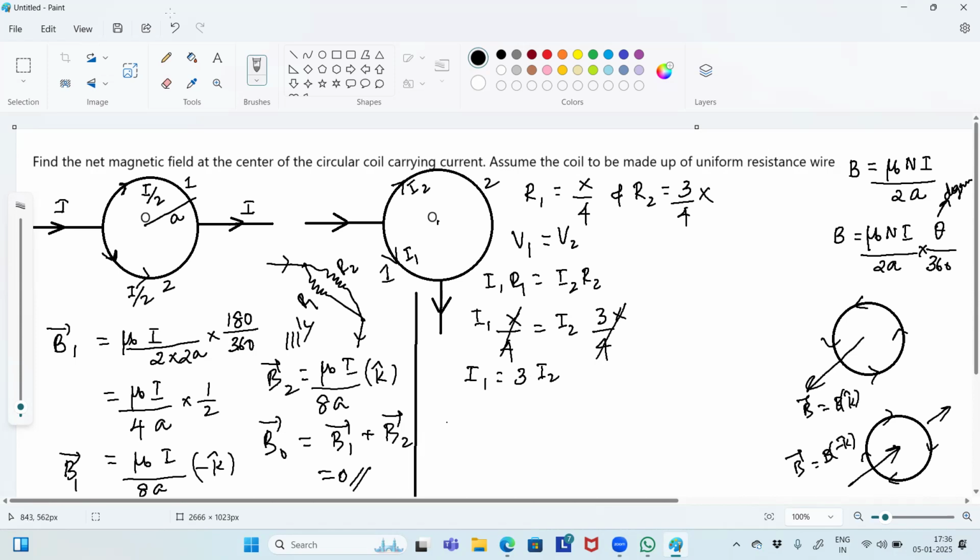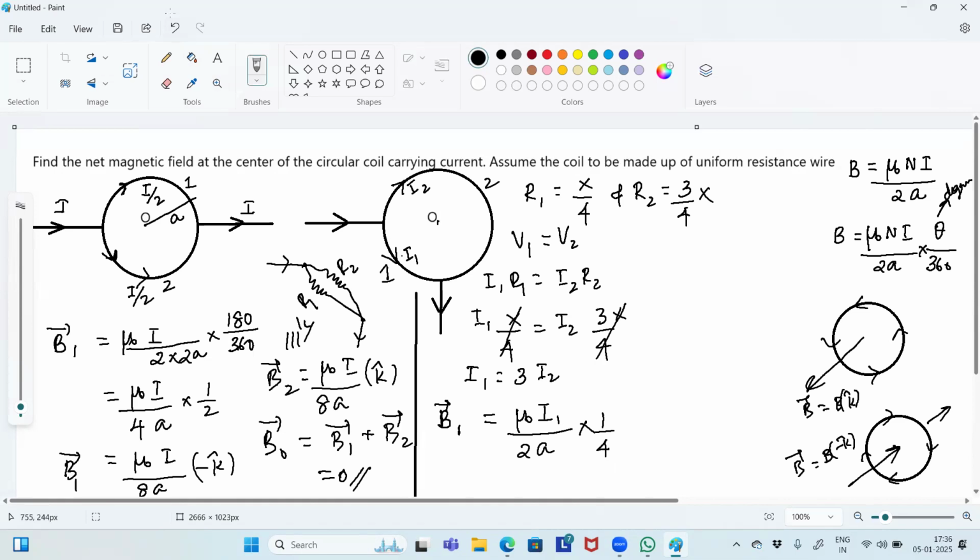Now you can find the magnetic field of 1/4 of the circle. For a full circle, it is mu 0 I1, n is 1, by 2 times the radius. But this is only a 90-degree part of the circle, or 1 by 4th of the circle. So the magnetic field will be only 1 by 4th.